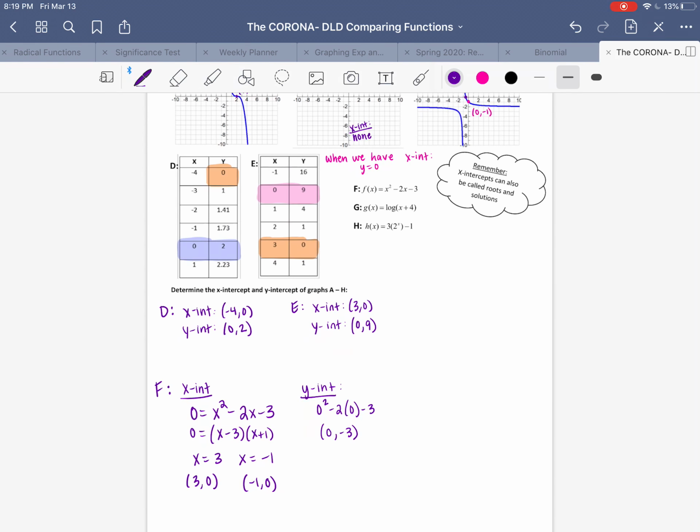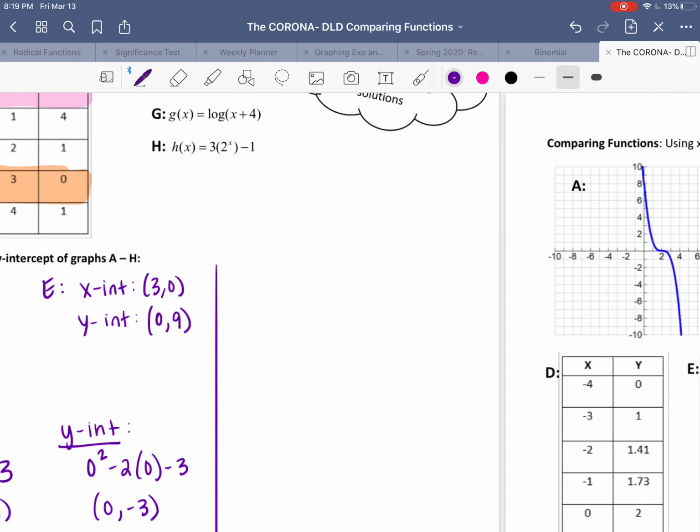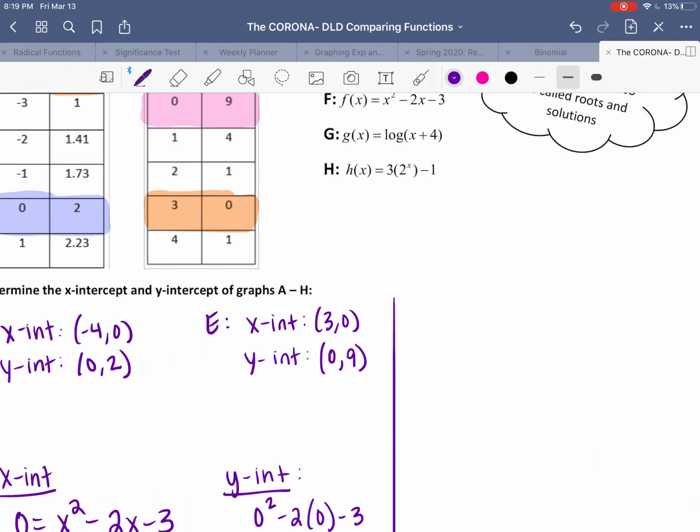Alright, so for the next one, for graph G, we have a log function, so same thing. If we have an x-intercept, we're going to take our function and we're going to set it equal to 0. So when we set it equal to 0, we need to first exponentiate.